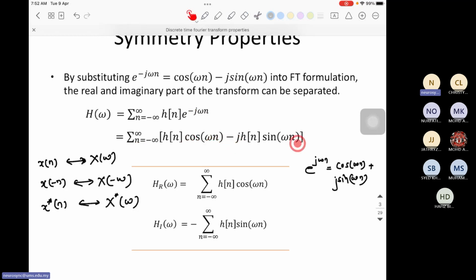From this I can easily separate the real part and imaginary part of the signal h of omega. The real part is summation from minus infinity to infinity of h of n into cos omega n. And the imaginary part is minus, this minus sign is important, summation over h of n into sine omega n.